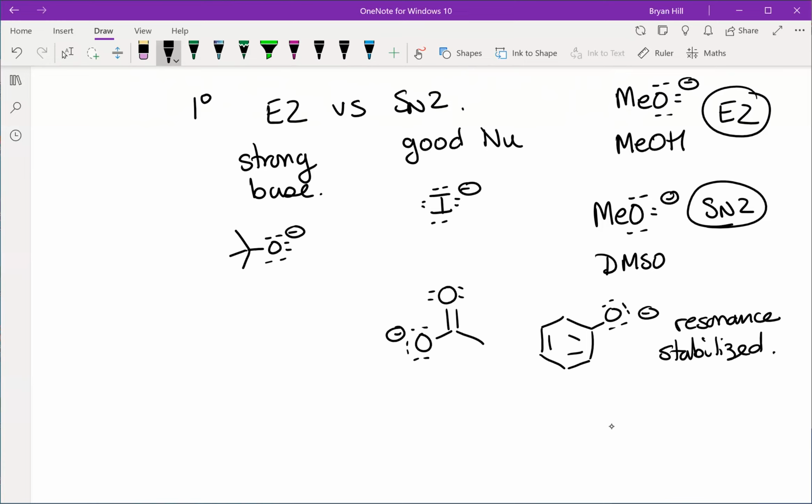So you can often get species like this to actually behave as nucleophiles. Because that negative charge is stabilized by resonance, of course you would want to use an aprotic solvent, so you would want to use DMSO or DMF, something like that.